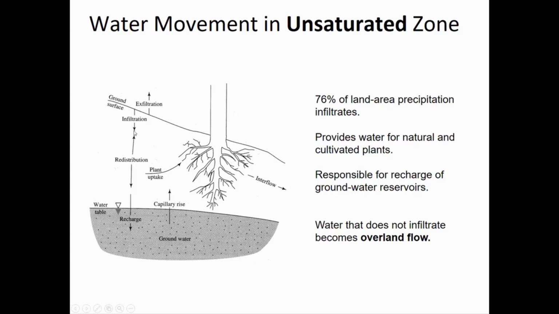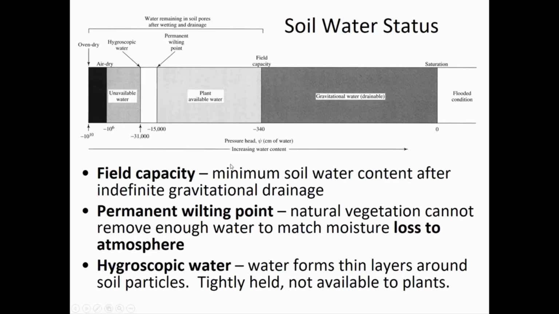How quickly it infiltrates down into the soil determines how much water would then be running over the surface. And so it's the movement in this unsaturated zone that describes how quickly the water moves towards a stream. If there is a stream or a pond that's adjacent to the surface, then that interflow can be an important part there. It also determines how easily the water can be absorbed by plants and evapotranspirated back into the atmosphere.